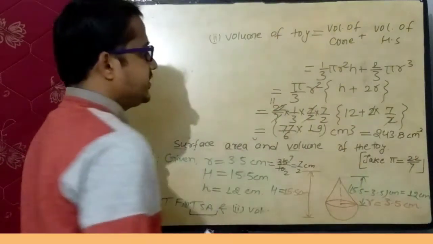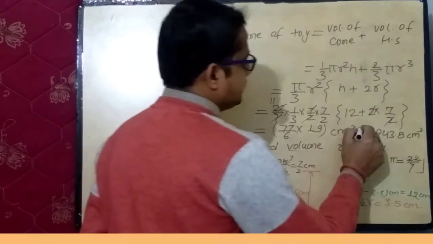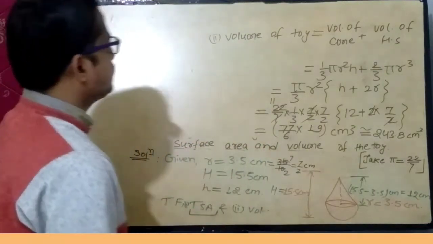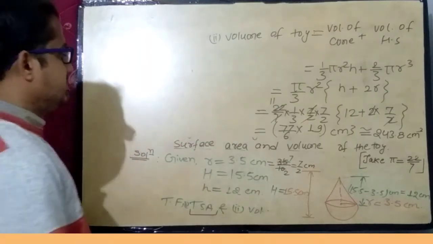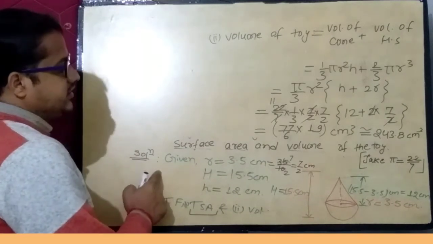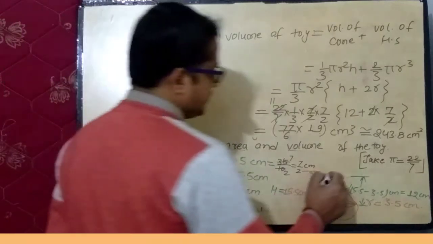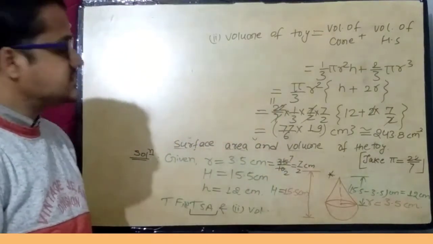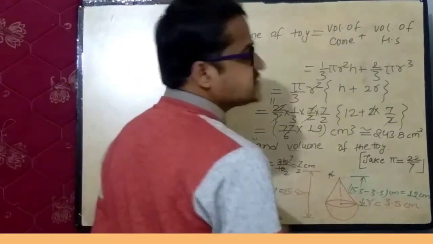And while solving it you will get approximately 243.8 centimeter cube. So by using this procedure you can solve the volume of a combination of objects as well as the total surface area of the combination of objects. Here in this particular case, TSA of this toy and CSA of this toy are both equal to each other.